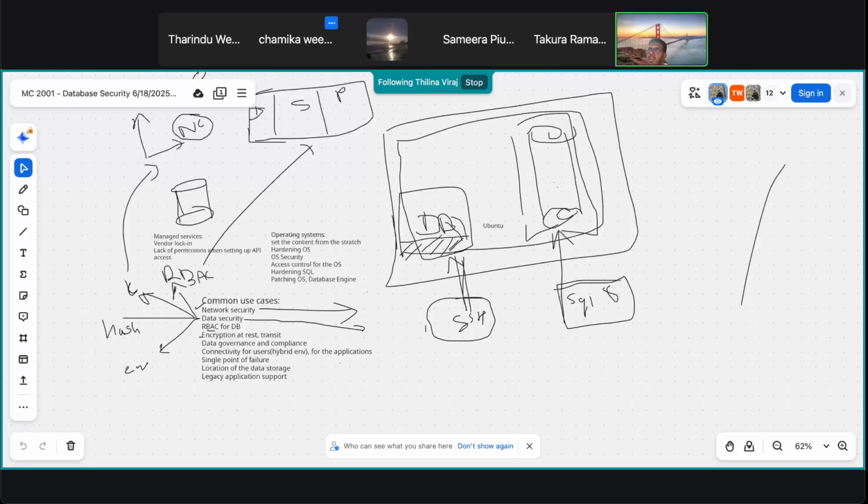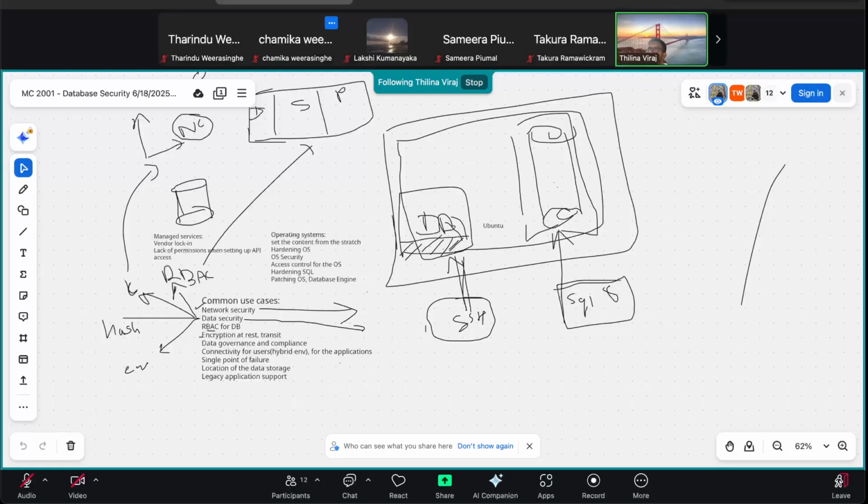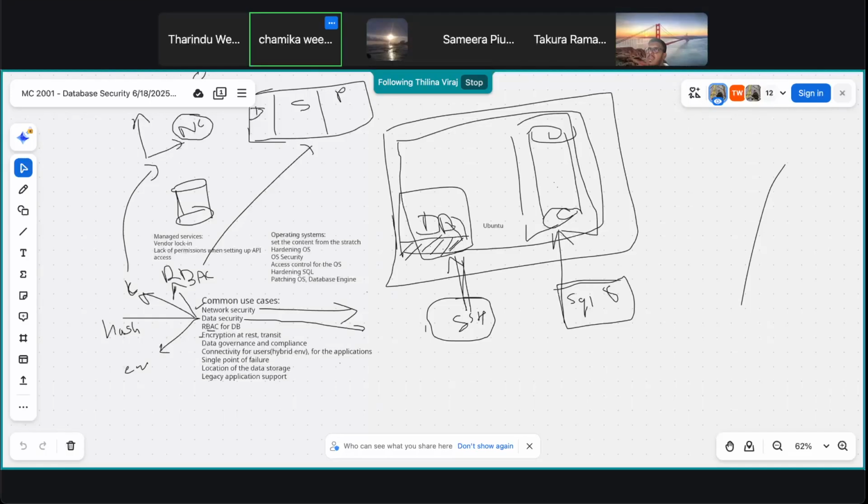Encryption and hashing should be bread and butter for you all. So what sort of data can you hash? Password type data, yeah, hashing. PII data, encryption, right? Yeah, correct.